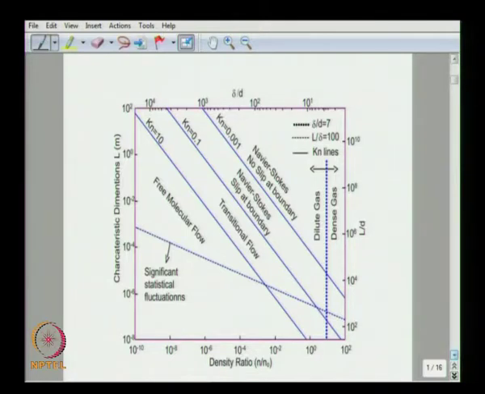In the x axis we have the density ratio n over n0, where n0 is the density at standard temperature and pressure. On the left hand y axis you have the characteristic dimension L in angstrom. On the right hand side you have the L over d ratio, L is the characteristic length scale and d is the molecule diameter. On the top you have delta over d, delta is the spacing between molecules and d is the diameter of the molecule.